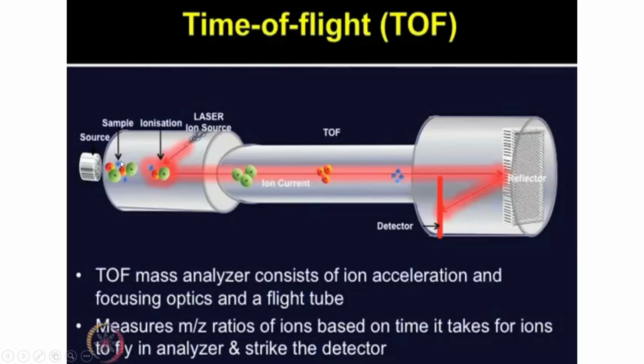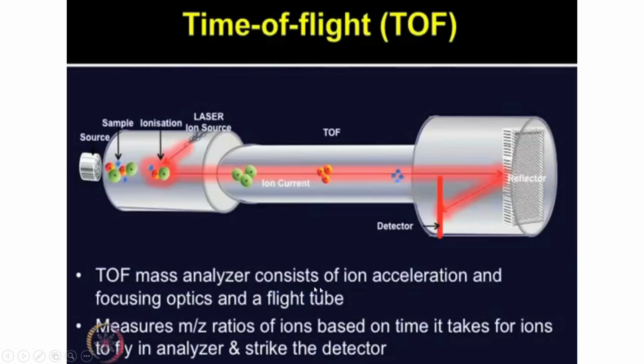Then the laser will come in contact with that and ionize the matrix assisted plate. And at the time of flight region, those specific ions will be separated depending upon their mass to charge ratio. Once they are separated and hit the detector, it is connected to the computer, and whatever information the detector is getting, it will give the peaks accordingly.